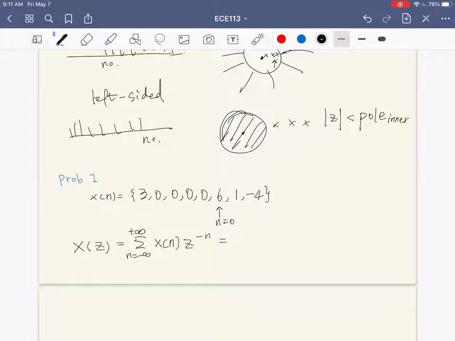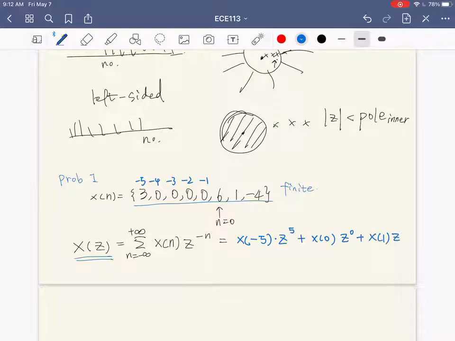But you see that the signal itself is finite, right? So we know that X(z) is basically a finite number of terms. So this is 0, this is -1, -2, -3, -4, -5. Okay, so this is x(-5) times z to the power of 5, and x(0) times z to the 0, which is 1. Similarly, we write all the rest. Okay, -1, -2. All right, and we substitute the values inside.